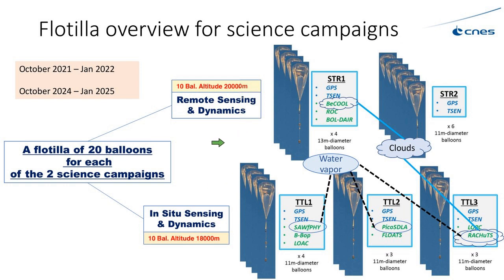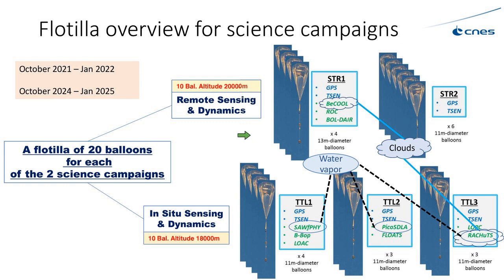We will be flying 2 campaigns, 20 balloons in each campaign, and then an additional campaign this fall to test the instruments. So 10 balloons will be flying at 20 kilometers. That'll be doing mostly remote sensing and dynamics. It's got a lidar that can detect cloud tops, the radio occultation instrument, a radiation instrument, and the in situ temperature instruments.